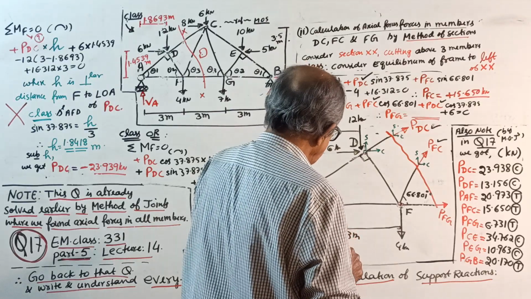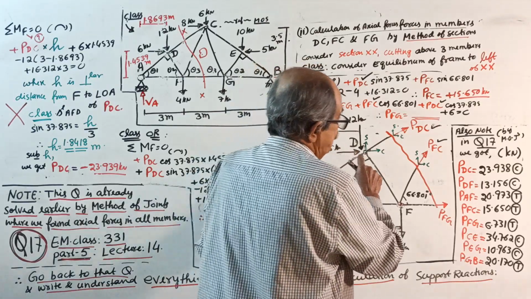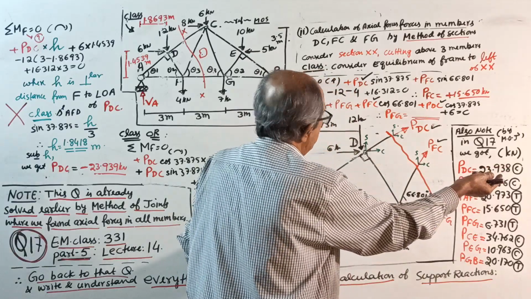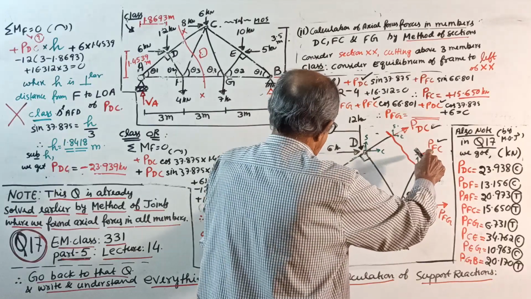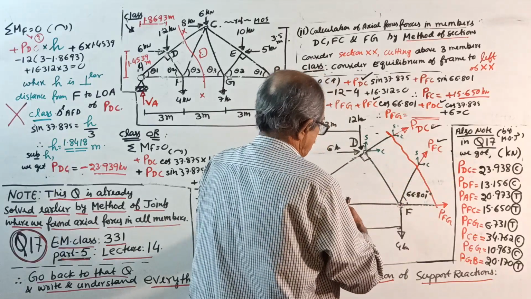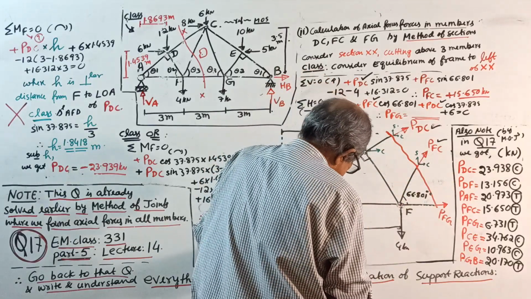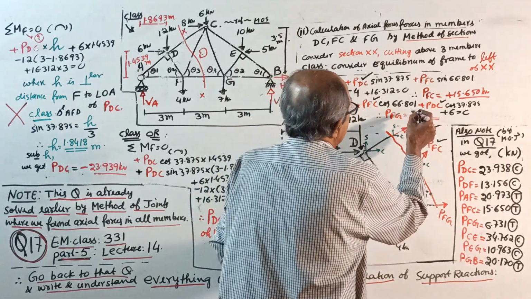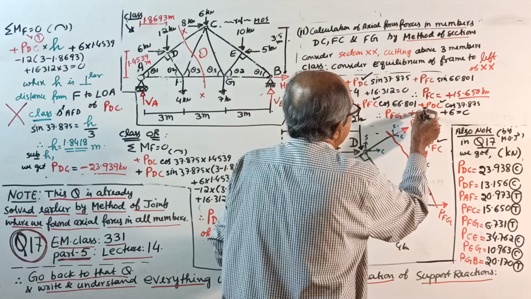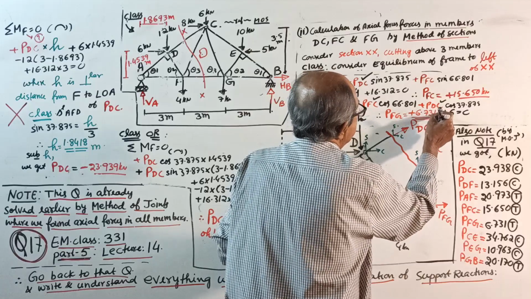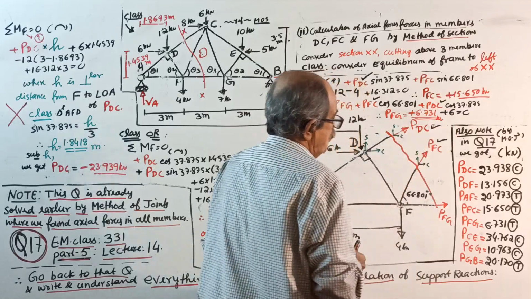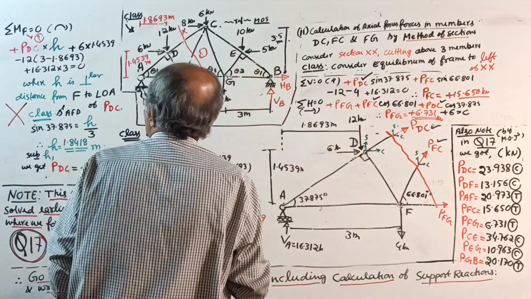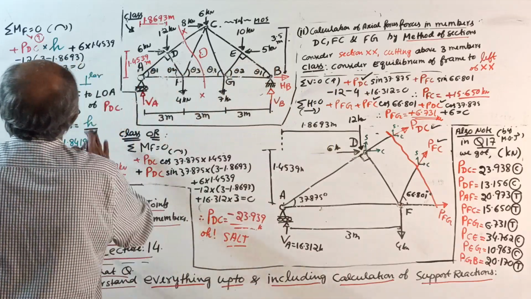I am getting minus; when it goes to that side, it will become plus. It will become 6.731 plus 6.731 kilonewton. Okay.